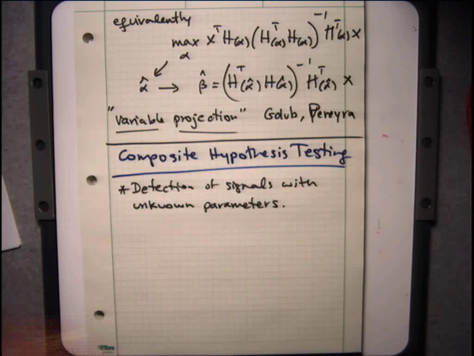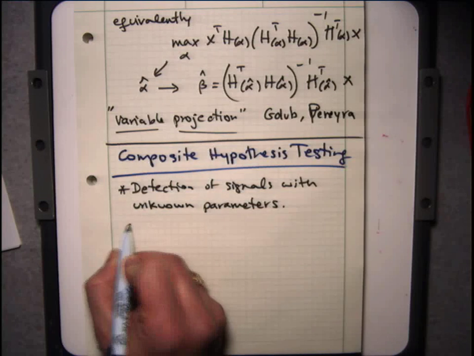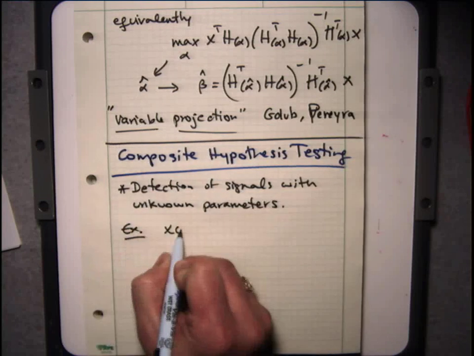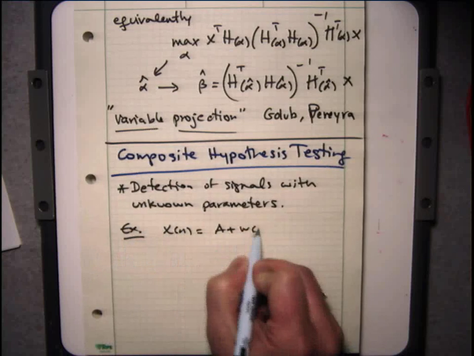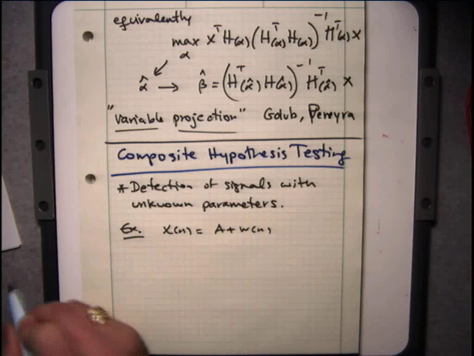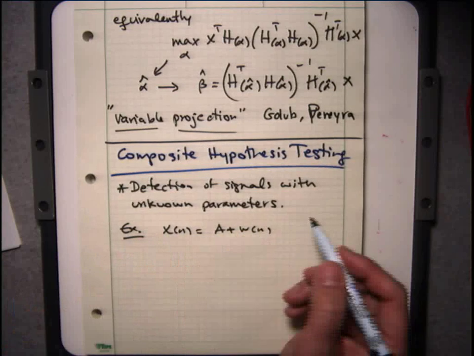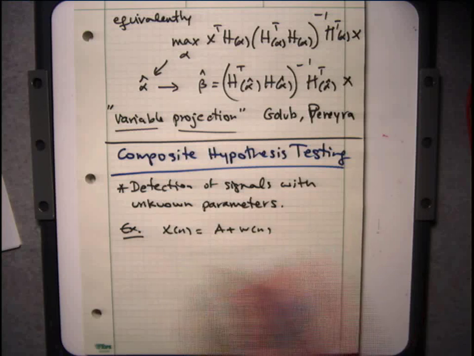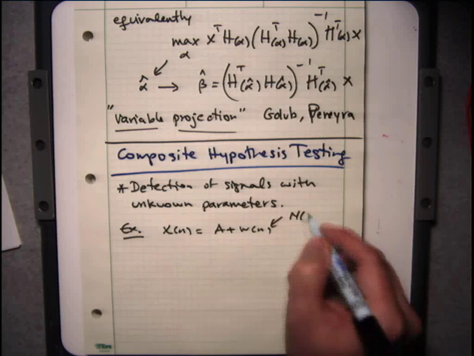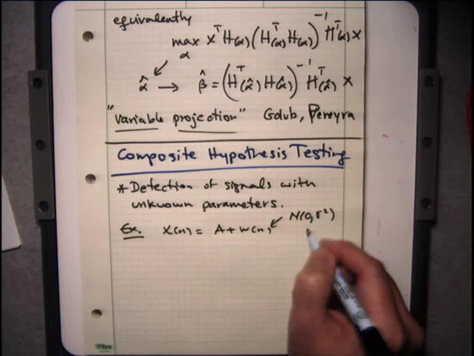So let's just take the case where you have, as an example, let's say x of n is equal to a plus noise, okay? And suppose you want to detect whether the signal is present or not and you don't know a. Suppose the noise is just normal, zero mean, unit variance IID.